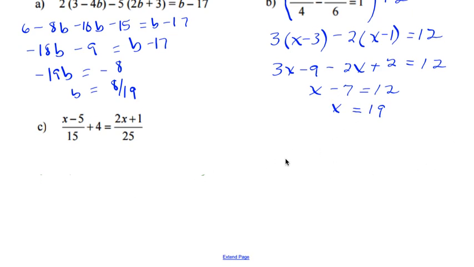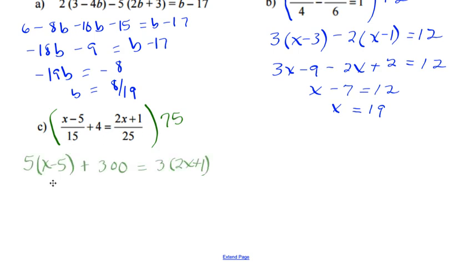Moving over to the right-hand side, letter C. Our least common denominator between 15 and 25 is 75, so we want to multiply the entire equation, every single term, by 75. And when we do that, 15 goes into 75 5 times, leaving us 5 times x minus 5 for the numerator. 4 only has a denominator of 1, actually, so nothing gets simplified.